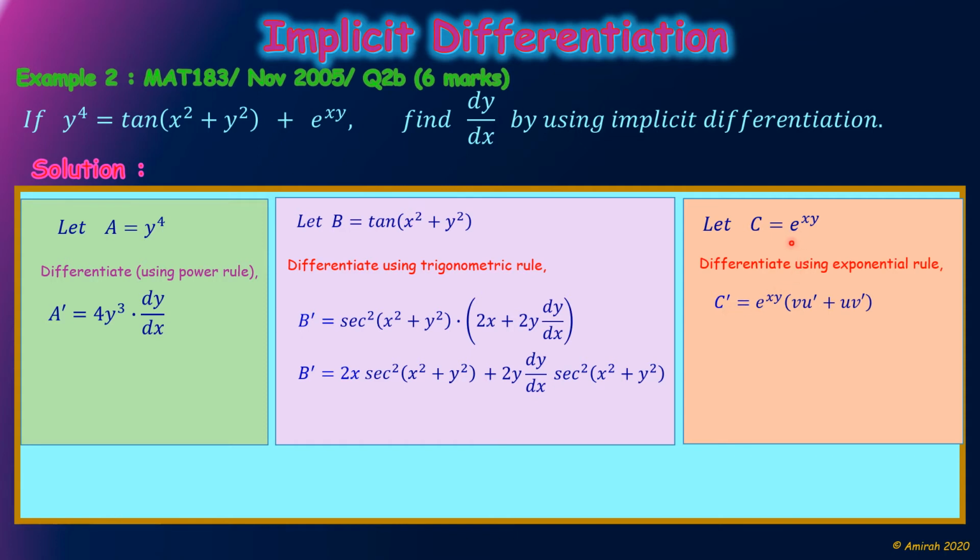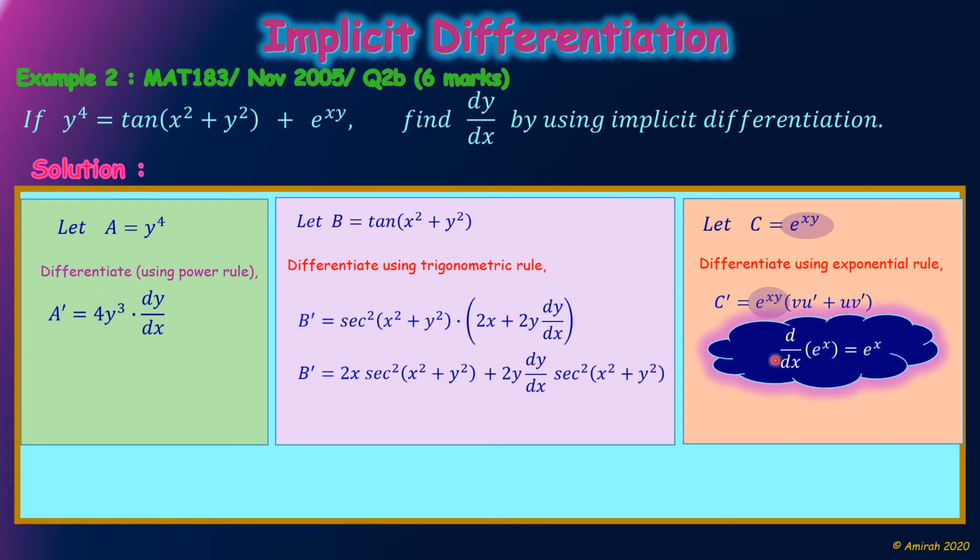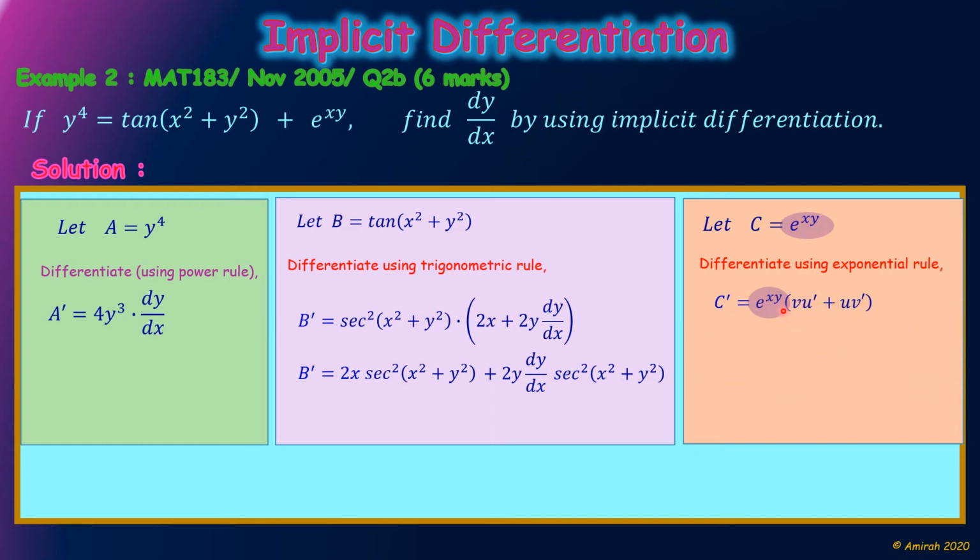To differentiate e to the power of xy, we can refer to the formula: derivative of e to the power of x, and we get back e to the power of x. So when we differentiate e to the power of xy, we will get back e to the power of xy. But after that, we need to differentiate the inner function xy.